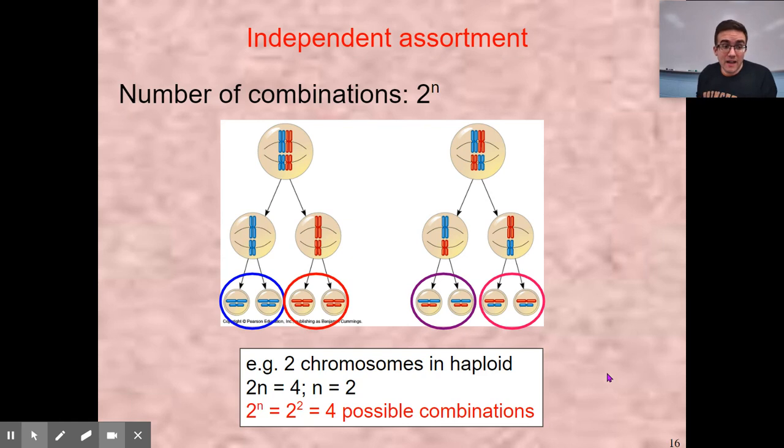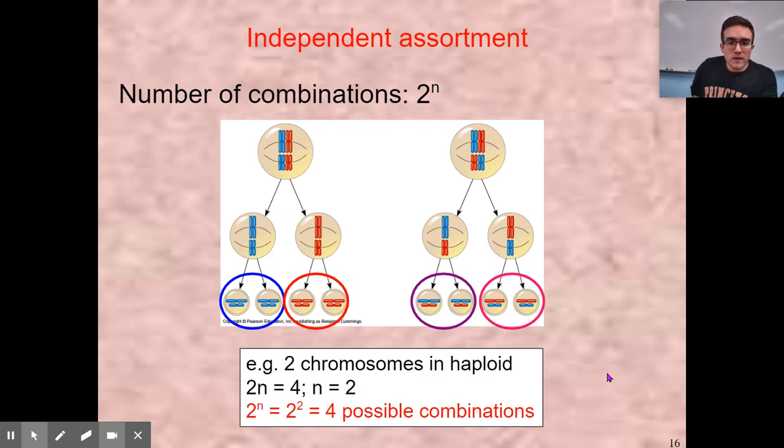We can actually tell how many possible combinations there are, and it's really straightforward. Remember how I talked to you before about how diploid cells are 2n, with n being the number of chromosomes?